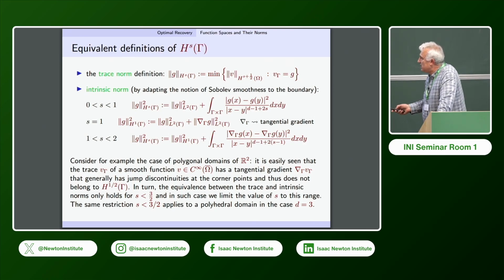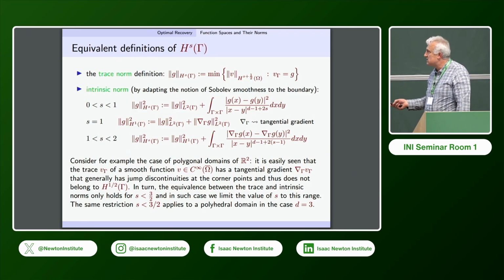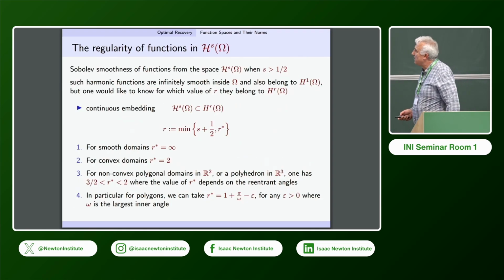And actually this gradient doesn't belong to H1/2 on gamma, which means that we should restrict S up to 3/2 if we want to have equivalence of the two definitions. So we do that in our studies. It turns out that this holds in R2; if we consider the three-dimensional case, we also have the same bound. It's not the same in four dimensions, of course, but anyway.